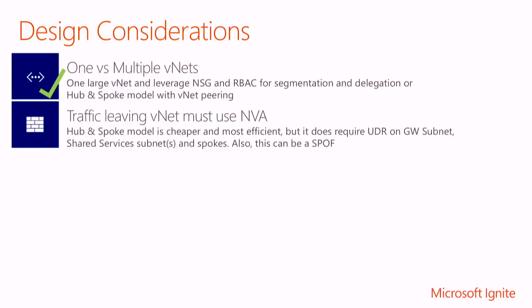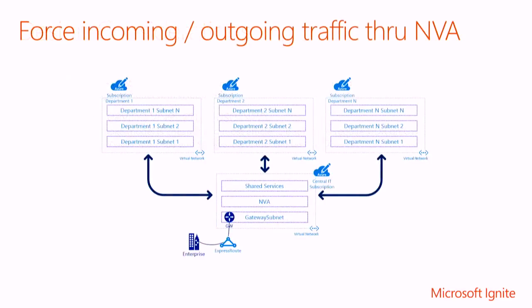And then the second one is, any time the traffic leaves on-prem and goes to the cloud or comes back, it has to be inspected. So what do we need? Obviously, you need the ER gateway to connect to the enterprise location, and for this, I need to create an NVA subnet and make it highly available, and I need to be able to do UDR for any traffic coming in.